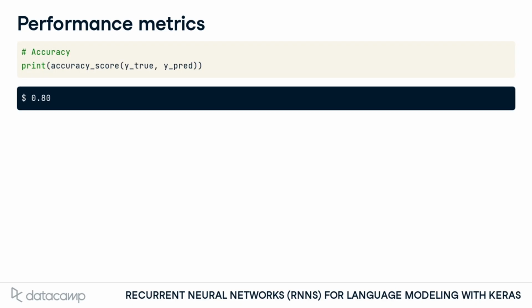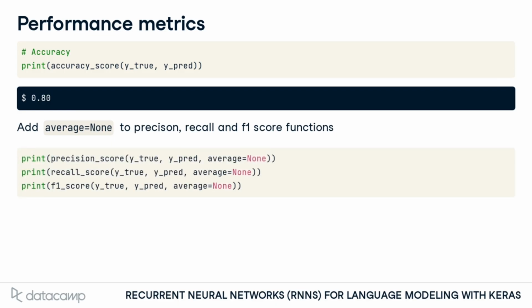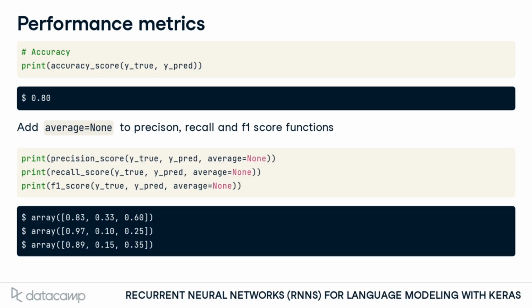To use the other functions, we should pass the parameter average equal to None, which will be explained later. We can check the values of the metrics to see that they change greatly from class to class. An F1 score of 0.15 and 0.35 for the second and third classes is not a good performance.